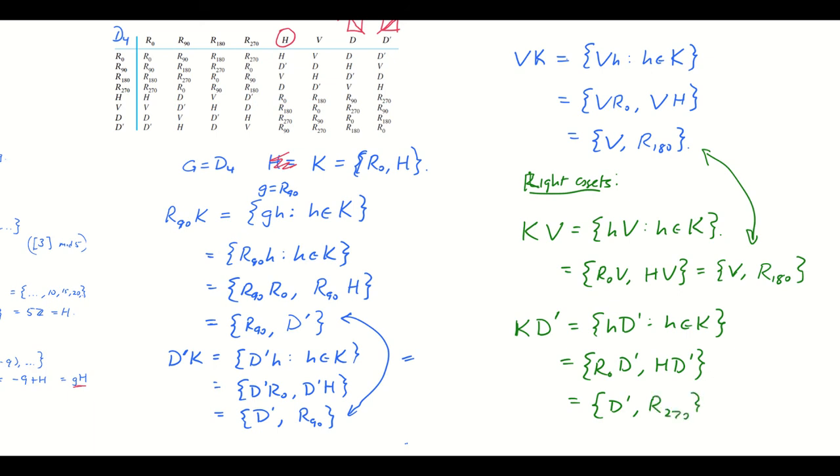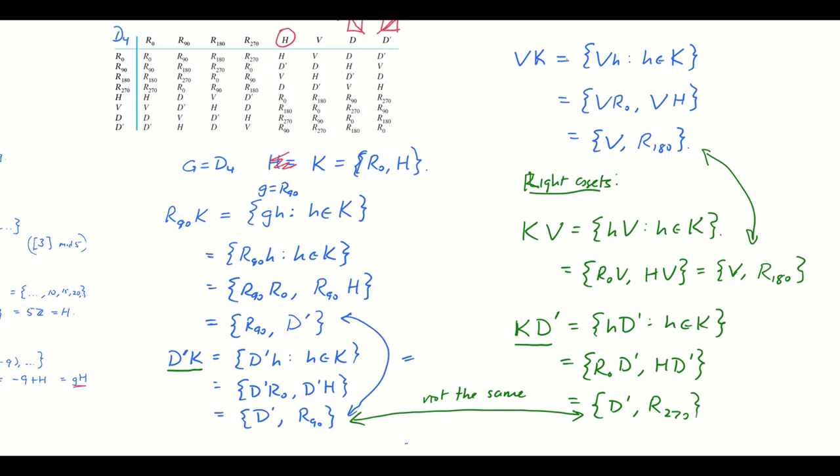Well, wait a minute. Now, looking at these two cosets, those are not the same. The coset D prime K and the right coset K D prime, not the same. So this is an example in which left cosets and right cosets don't always exactly agree.